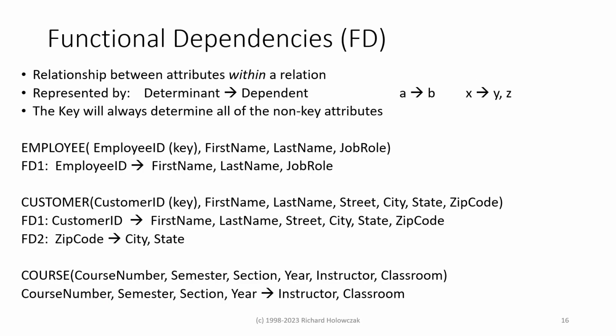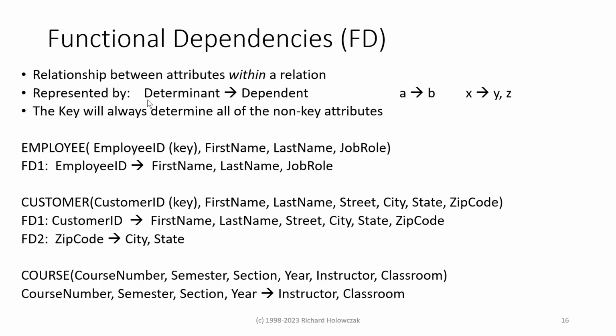Functional dependencies are relationships between the attributes within a relation. We know that from the conversion from entity relationship model to the relational model, we'll have the name of a relation, possibly a key, probably a key, I should say, and some other attributes that came along from the entity. A functional dependency is a relationship among these different attributes.